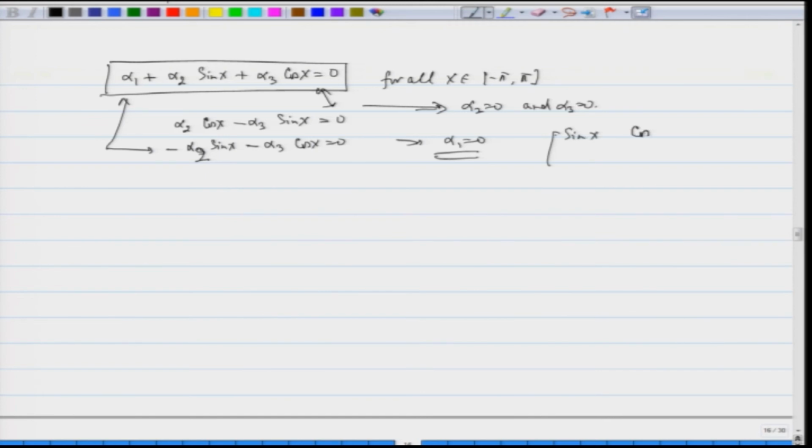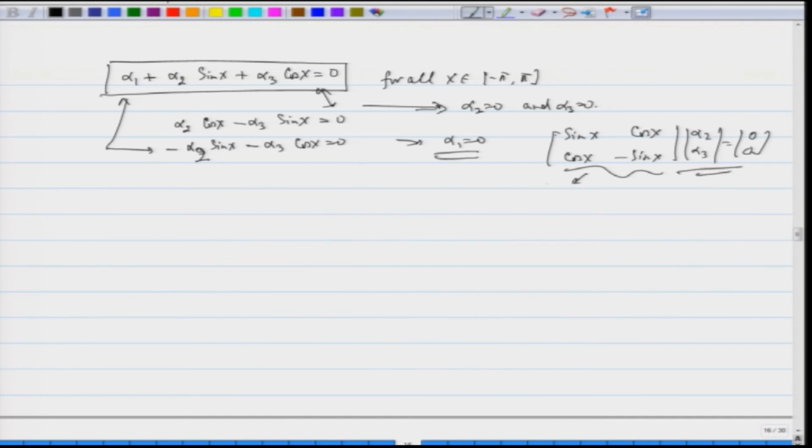Once I put this, note that the equation is the matrix with rows (cos x, sin x) and (minus sin x, cos x) times (alpha 2, alpha 3) equal to (0, 0). This is an invertible matrix: the determinant is cos squared x plus sin squared x, which is 1. So, therefore, the only solution is the trivial solution.